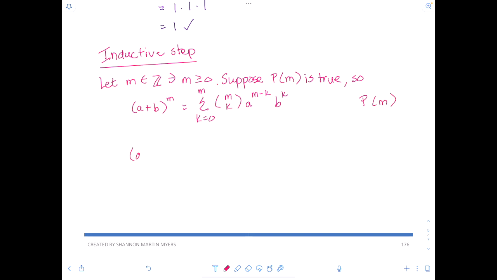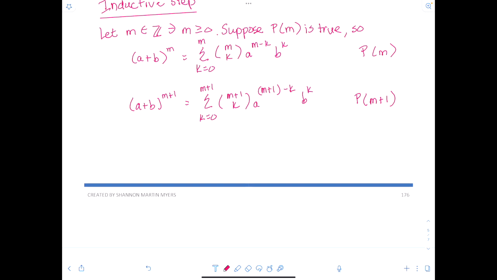Now, a plus b to the m plus 1 will be the summation as k goes from 0 to m plus 1, m plus 1 choose k, a to the m plus 1 minus k times b to the k. This is our p at m plus 1.